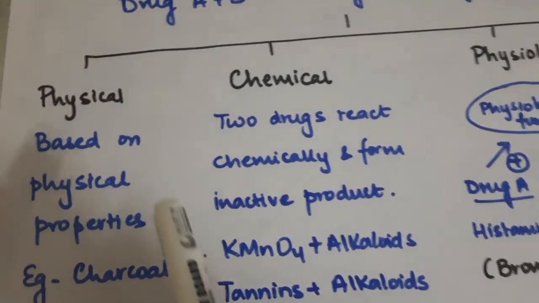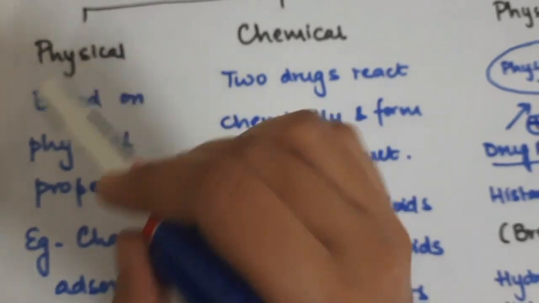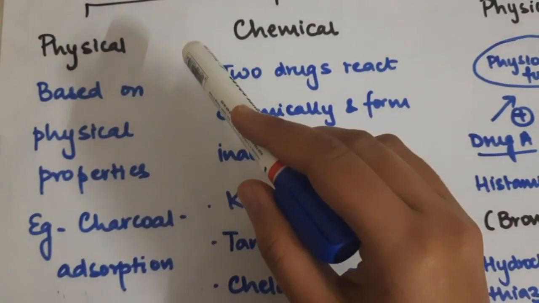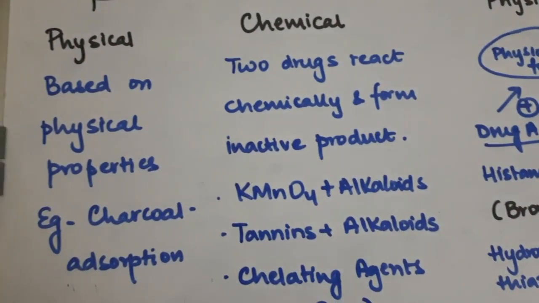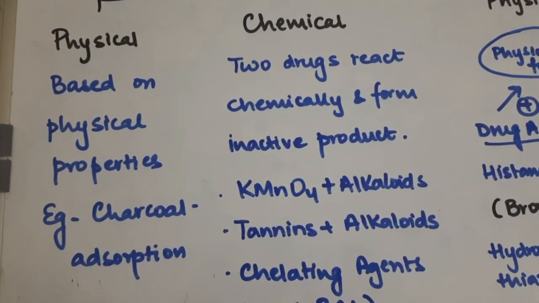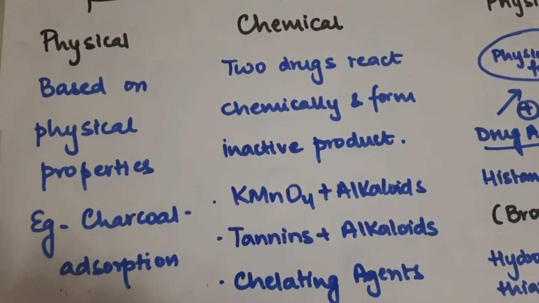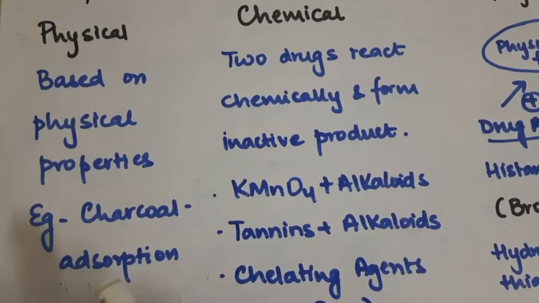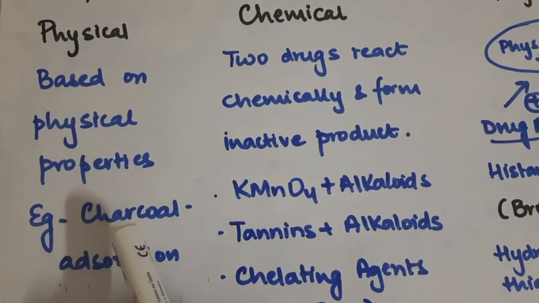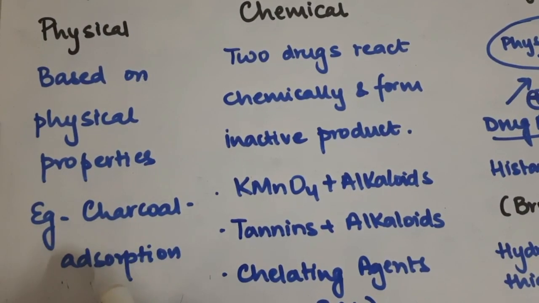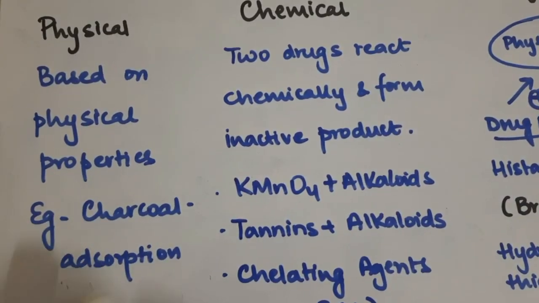If we look at the types of antagonism, the first one is physical. Physical antagonism is based on physical properties. For example, in a case of alkaloid poisoning, where somebody has ingested alkaloids, charcoal is given. Charcoal adsorbs the alkaloid onto itself.